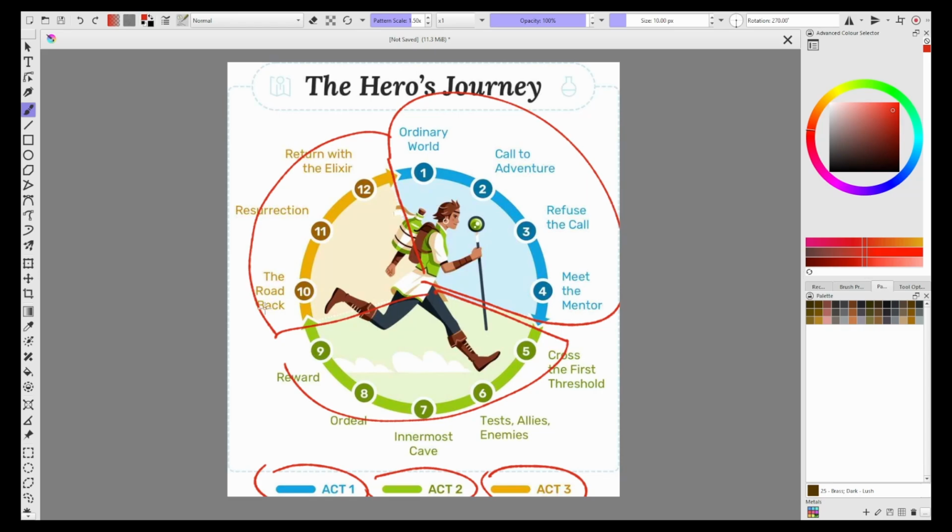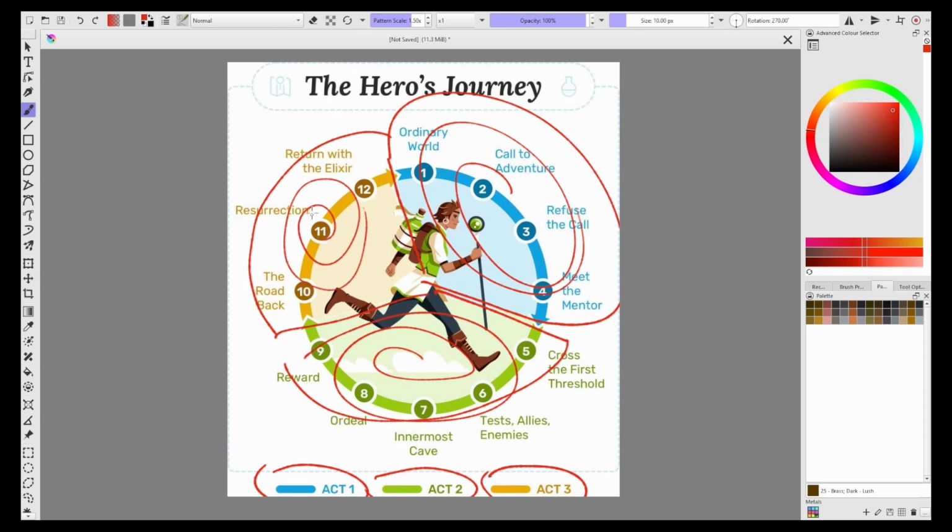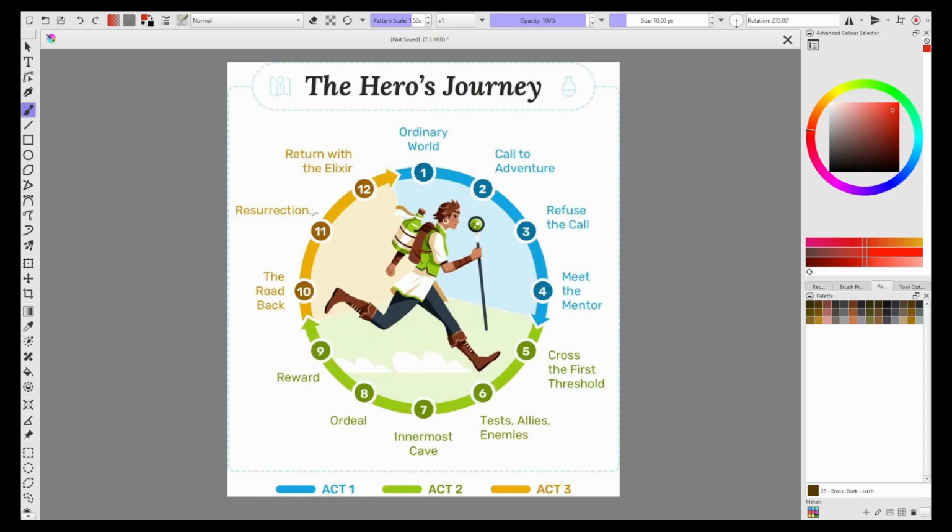I'm not going to go into too much detail on that, because if you check out my video or any other video on the 3-act structure, you'll understand this idea of beginning, middle, end: the Act 1 setup, the long middle adventure where everything happens, and then the conclusion of the story. So as far as its bare bones go, the hero's journey is basically the same as the 3-act structure.